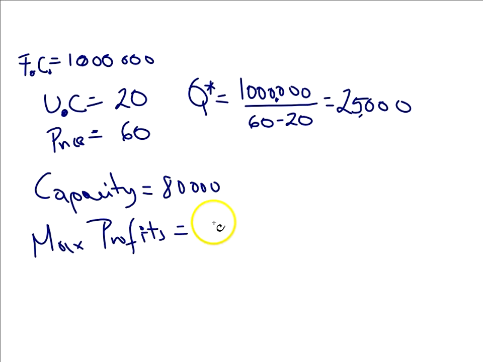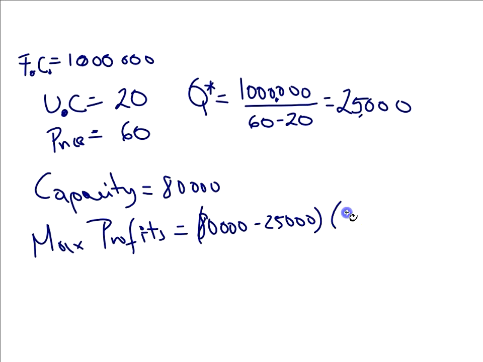Well, if we can produce 80,000, that means the first 25,000 are dedicated just to cover the fixed cost. That means that the difference between 80,000 and 25,000, which is 55,000, is the number of units we're going to be able to dedicate to make actual profits.